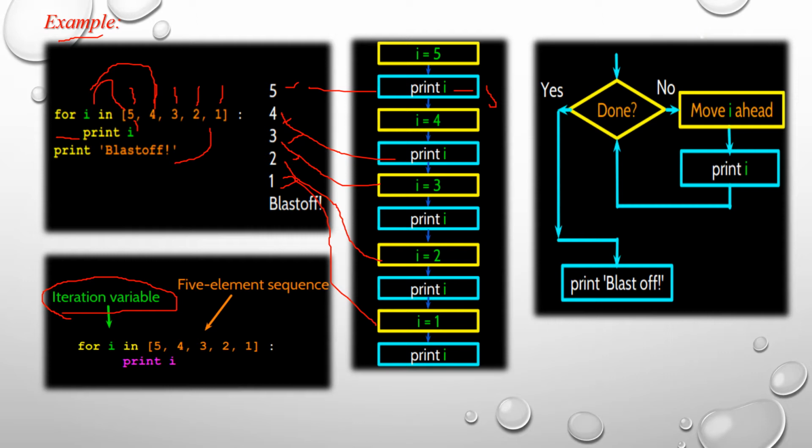After iteration, the interpreter moves to the next statement, which is print blast off, and it prints that at the end. In this example, print i belongs to the for loop. This is the flowchart for this example.